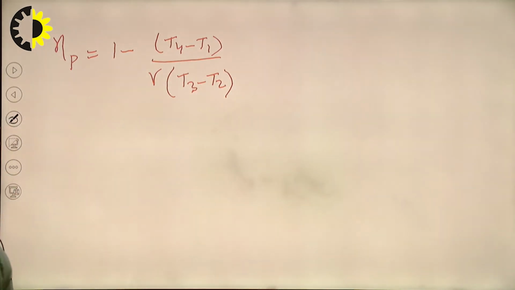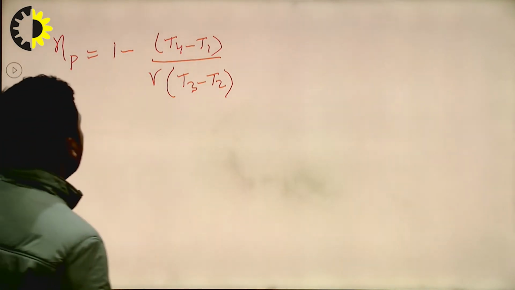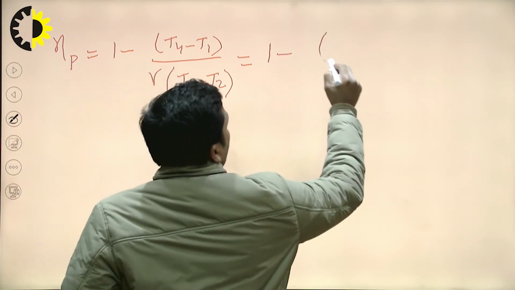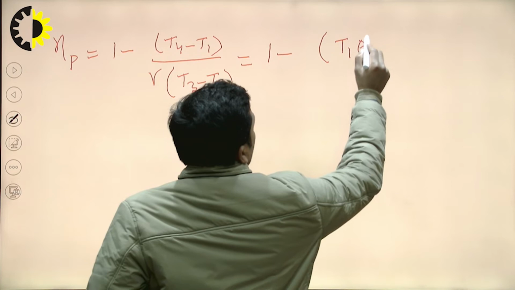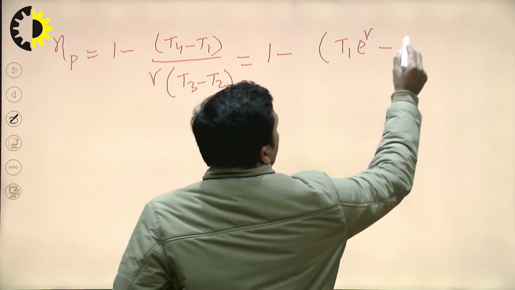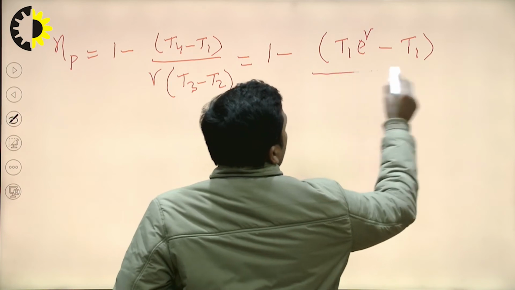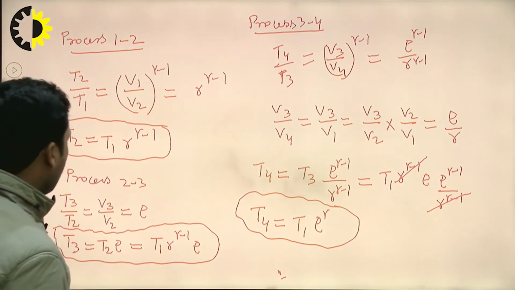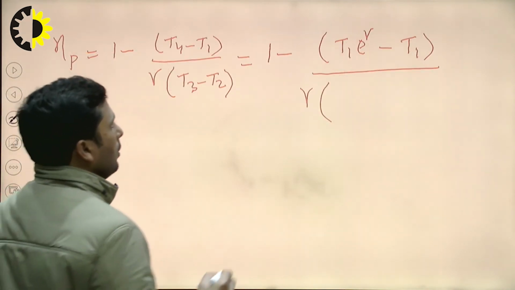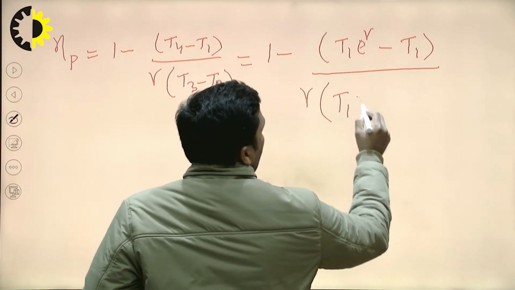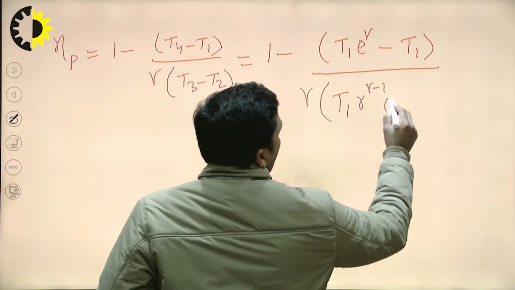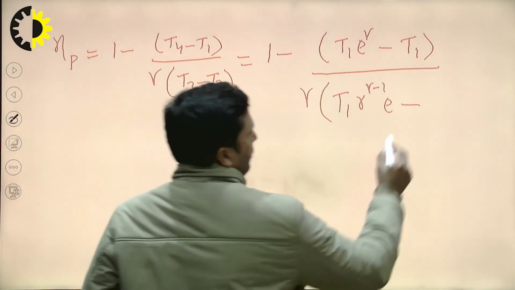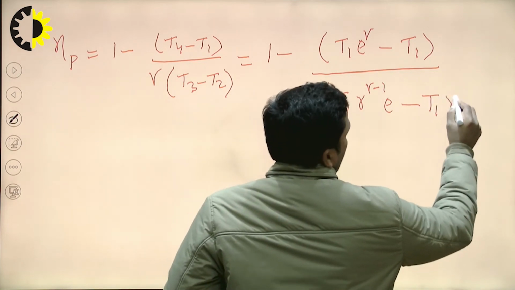If we put the value of T4, T3 and T2 in the above expression, it will be equal to 1 minus the value of T4, which is T1 rho to the power gamma, minus T1, upon the value of T3, which is T1 R to the power gamma minus 1 rho, minus T2, which is equal to T1 R to the power gamma minus 1.